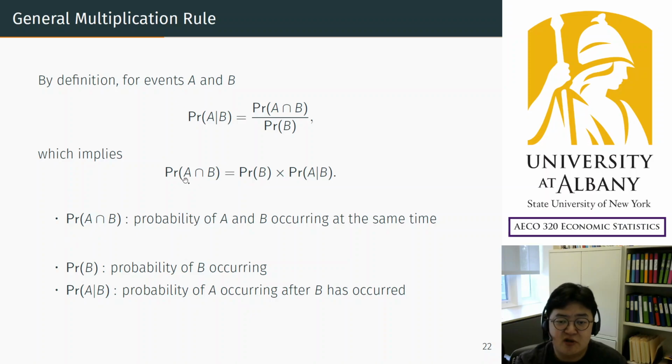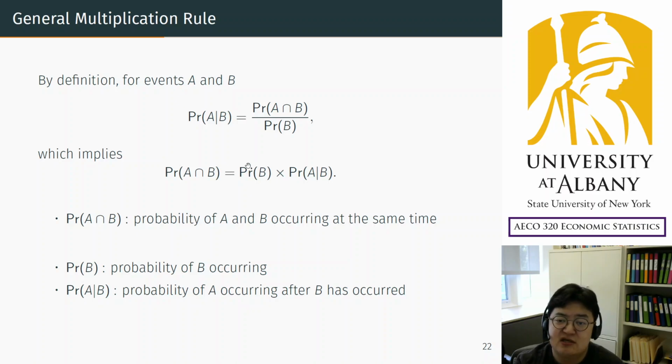Also, we may interpret it more intuitively. The left-hand side, the probability of the intersection between A and B, can be interpreted as the probability that event A and event B occur at the same time. And on the right-hand side, I would interpret it this way. First, I check if event B happens or not.